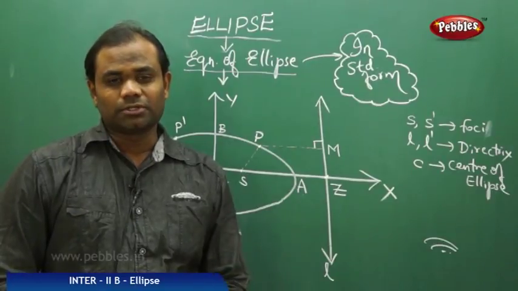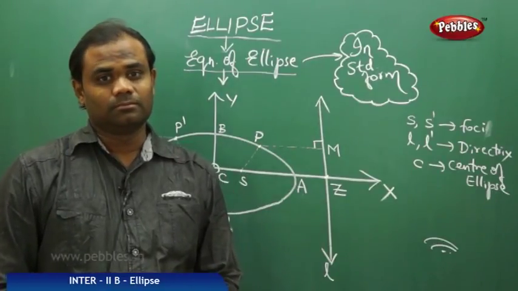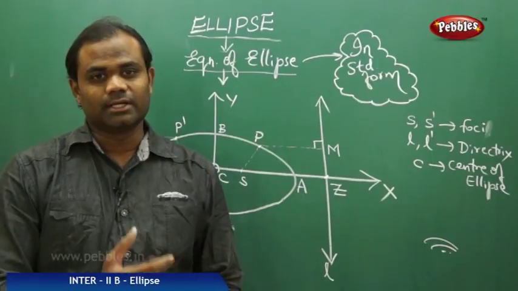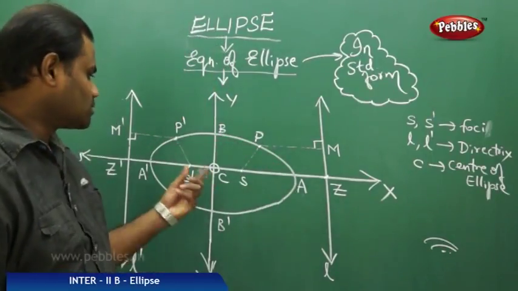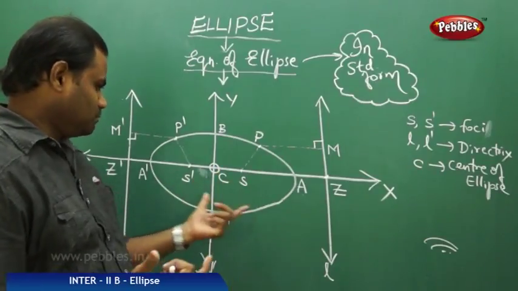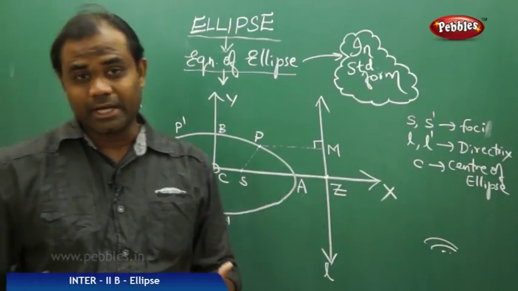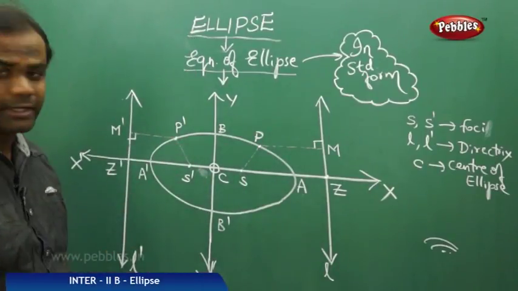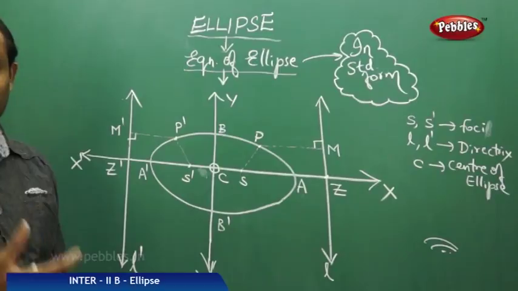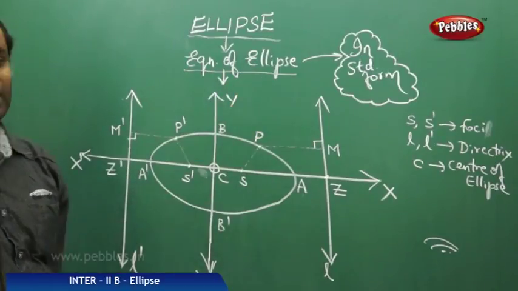Now, what is the equation of ellipse in standard form is what we're going to discuss in the session continued. Now let's see what are the coordinates of each of C, S, S dash, Z, Z dash, A dash, B dash, etc. So we'll see each of the coordinates and then define the equation of standard form of ellipse.